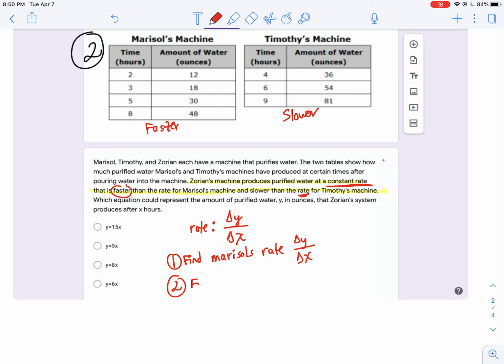Second is to find Timothy's rate, which once again is triangle y over triangle x. And then step 3, look at your choices for your answers and choose the one that's faster than Marisol's but slower than Timothy's.